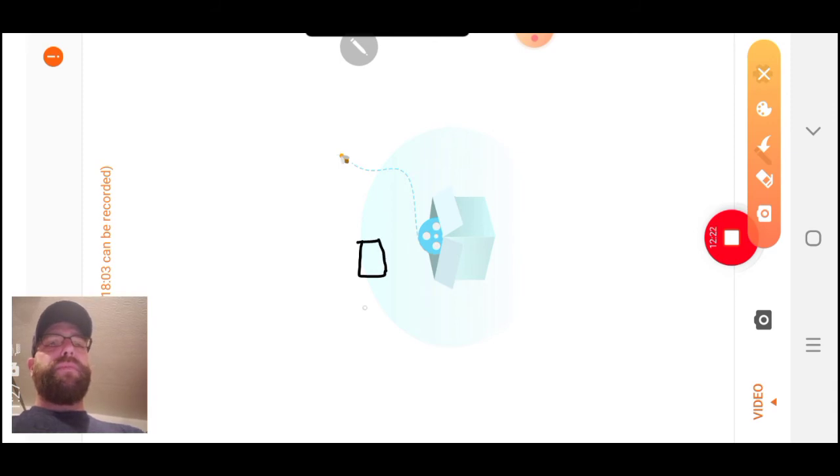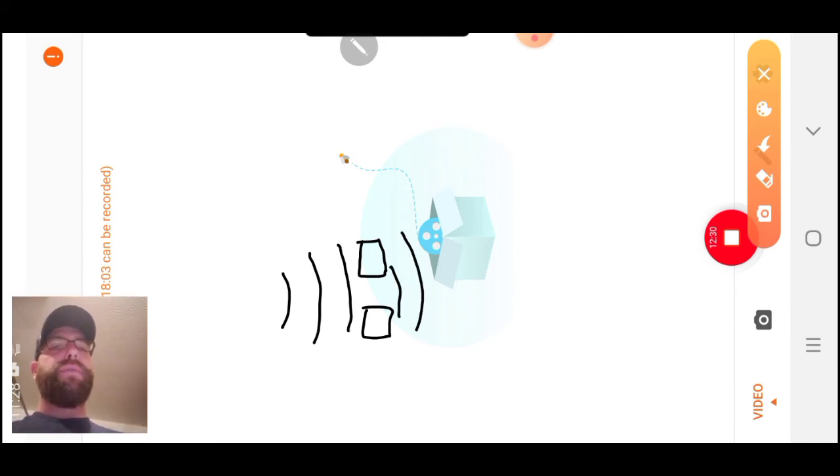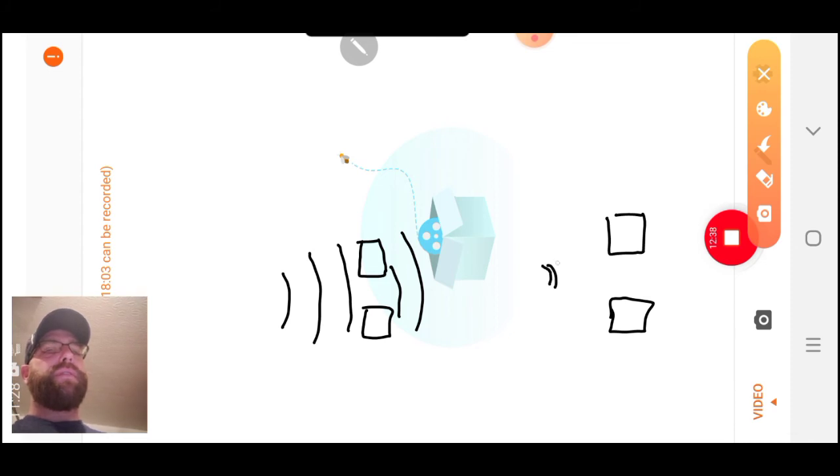So if I have this barrier, if I have a long wavelength, those can just pass on through. But sometimes if I have the same barrier, similar, sorry it's a little bigger, but if I have these little bitty wavelengths, the next wave can't get past.